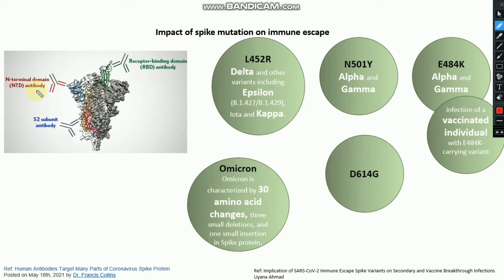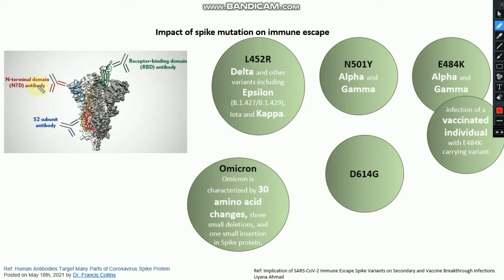All right. Here you see the spike protein and the different parts of the spike protein. This is the S1 subunit, and this is the S2 subunit. The S1 subunit contains the RBD and NTD, and antibodies are generated against this RBD and NTD. As you know, the RBD is the receptor binding domain and NTD is the N-terminal domain, right?